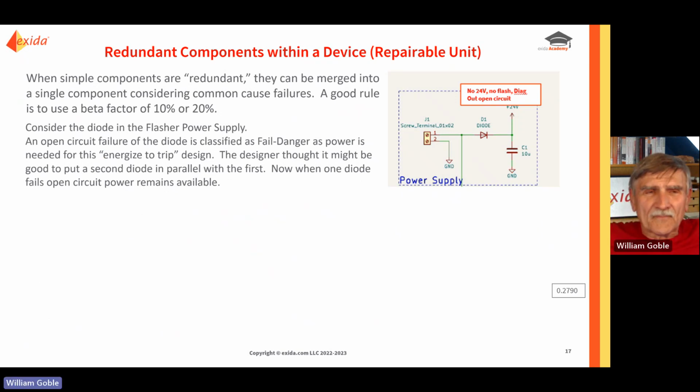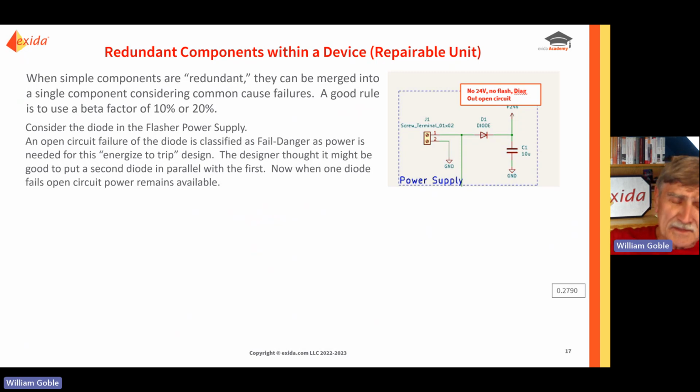Then sometimes we saw redundant components on a circuit board. It's not a single repairable unit. For example, consider the diode in this flasher power supply. This is an energized to trip output.